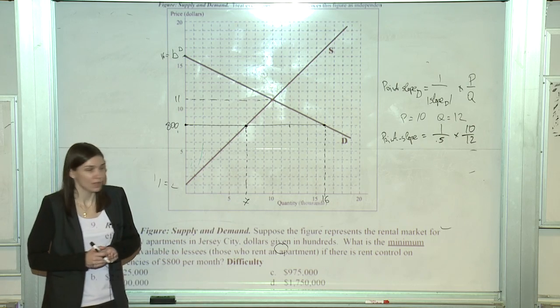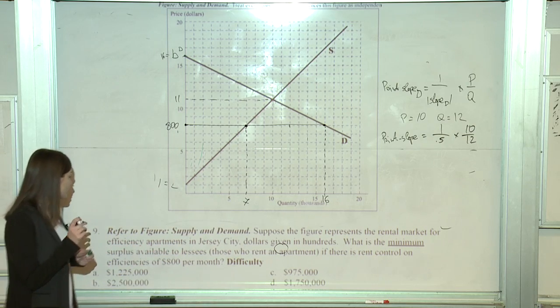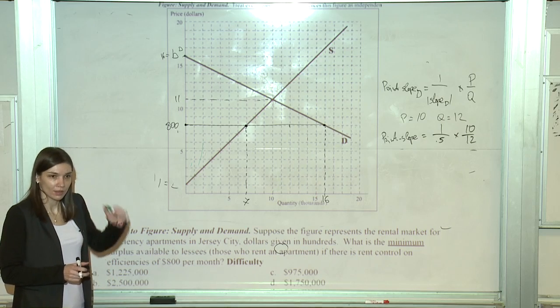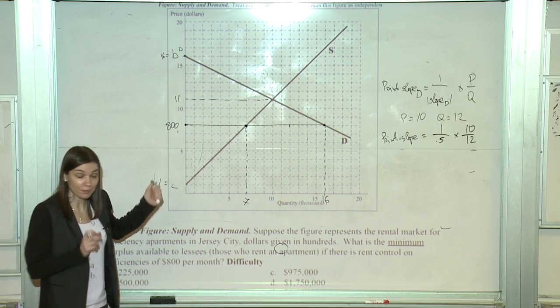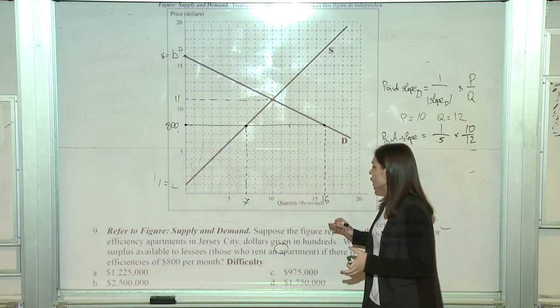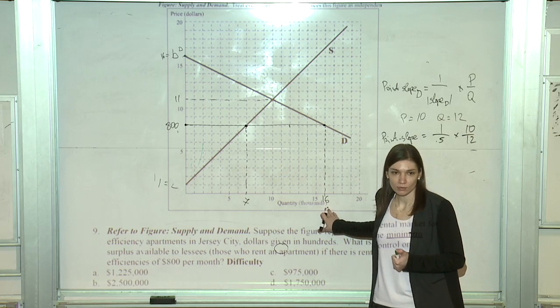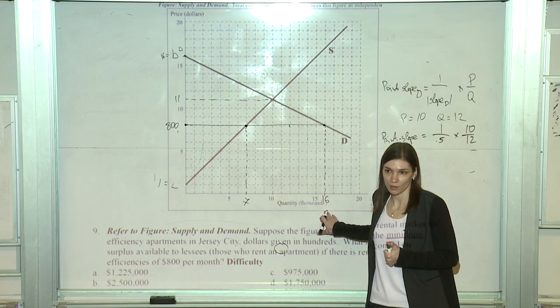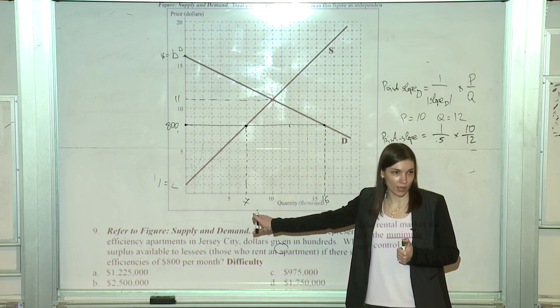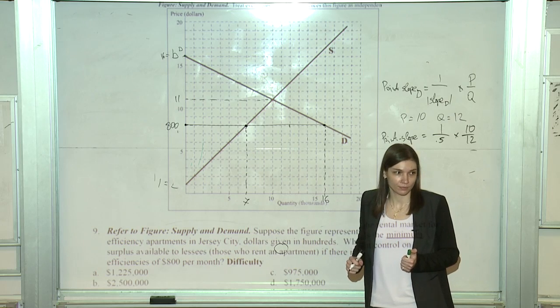All right, so now in this question, what is the minimum surplus available to the buyers? What's going on here is that let's say 16,000 people want to rent an apartment, and only 7,000 of them will end up renting, because let's say that's all the available units at that price.